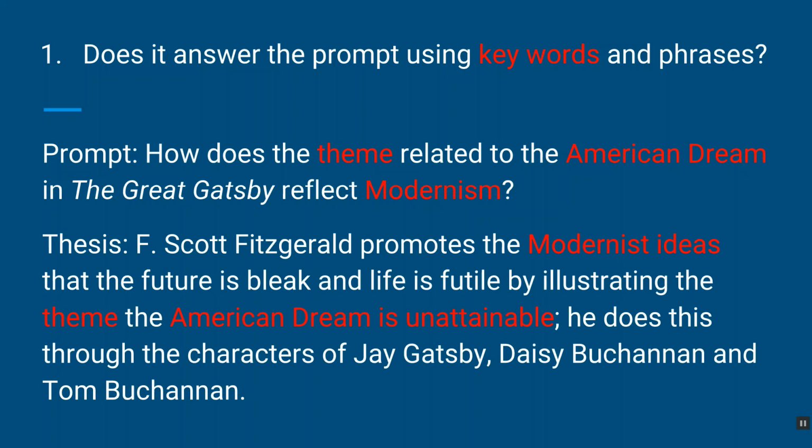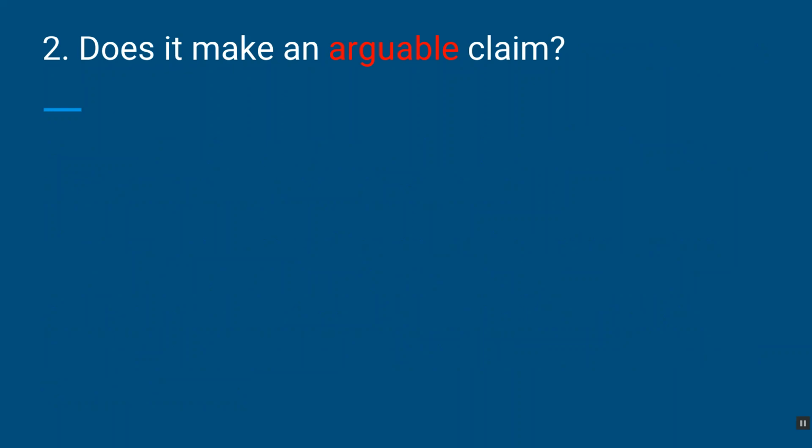So in the thesis statement, we do see those keywords that Fitzgerald promotes the modernist ideas, and it names a couple of those ideas, that the future is bleak, that life is futile. We see also the keyword of theme, again, the theme related to the American dream and the fact that it's unattainable. Okay, so check.